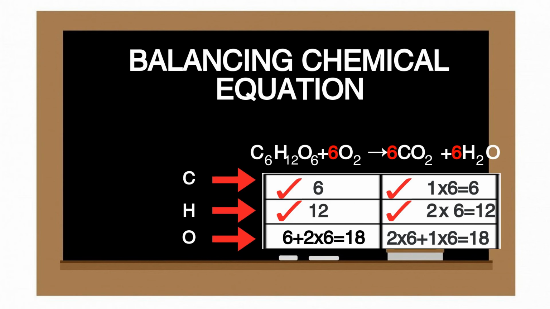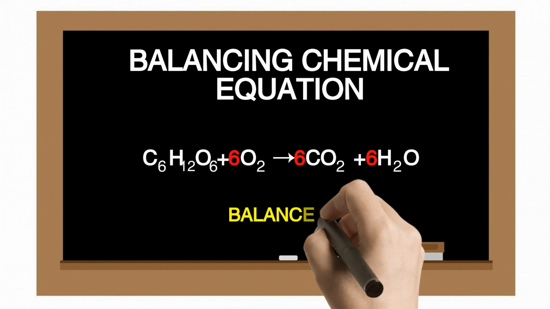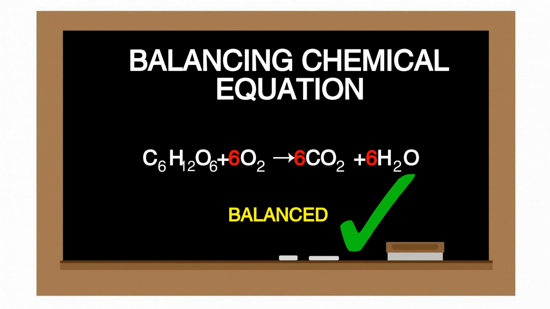Combining all, we get 6 atoms plus 12 atoms gives out 18. And now the whole equation is balanced. And we get it as C6H12O6 plus 6O2 gives out 6CO2 plus 6H2O.